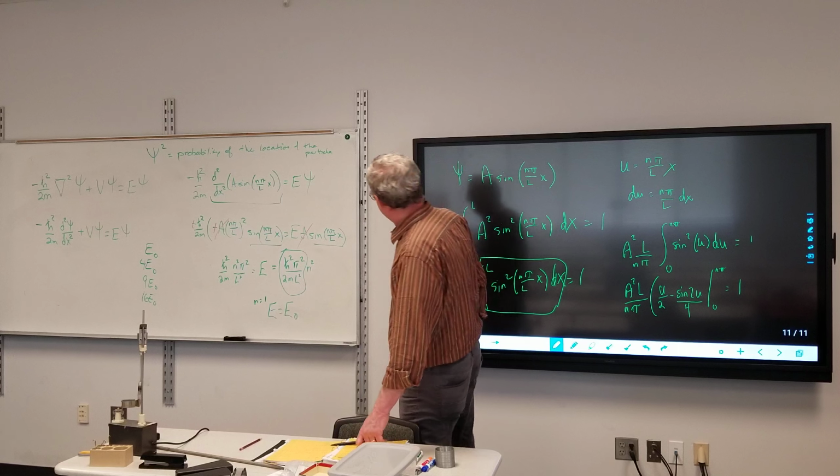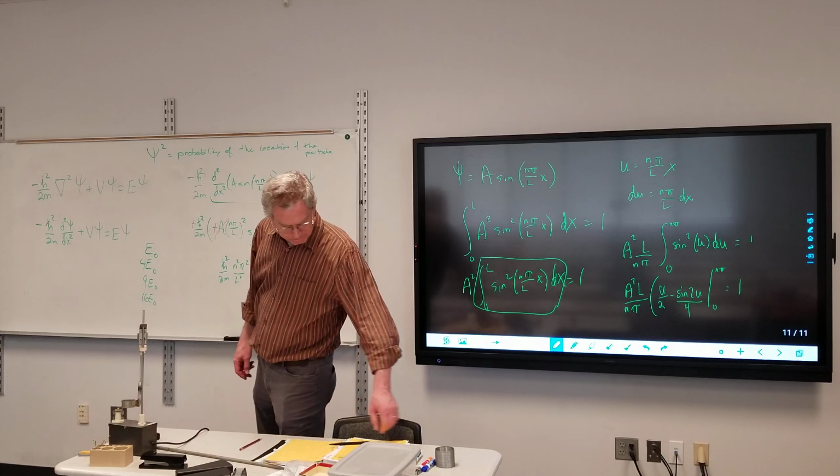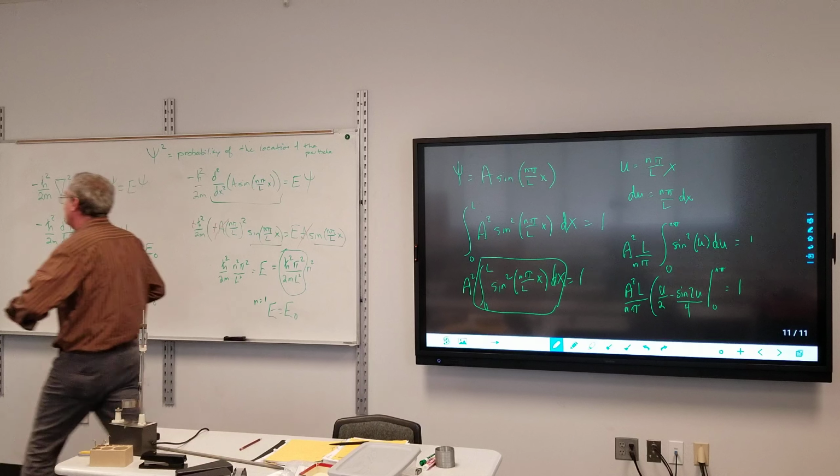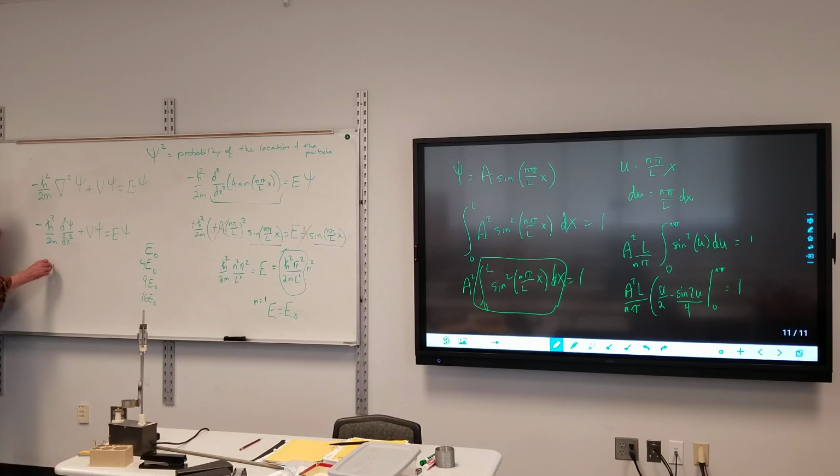Just a quick side note. I know that cosine of 2x is equal to cosine squared x minus sine squared x. I know that cosine squared x plus sine squared x equals 1.